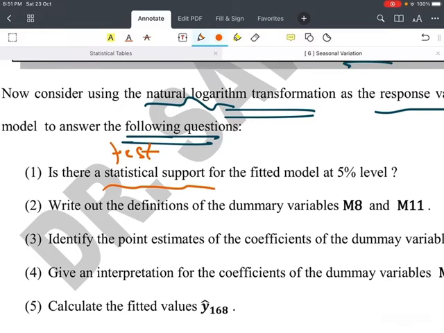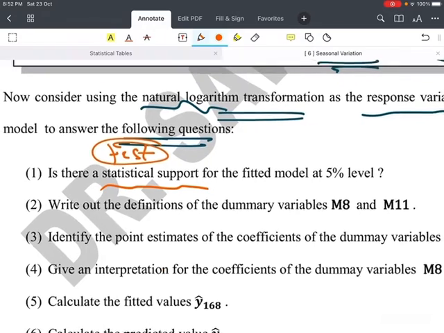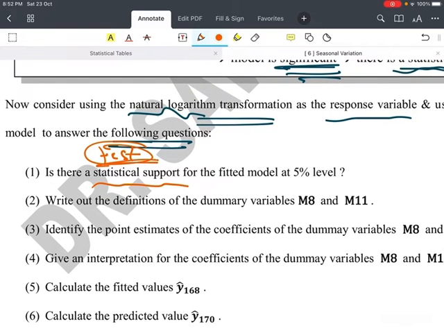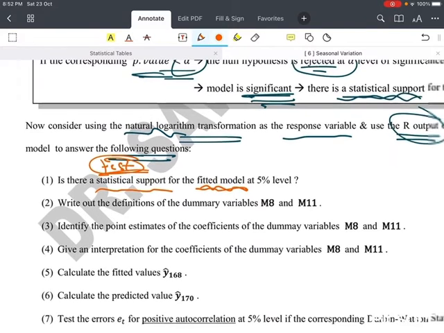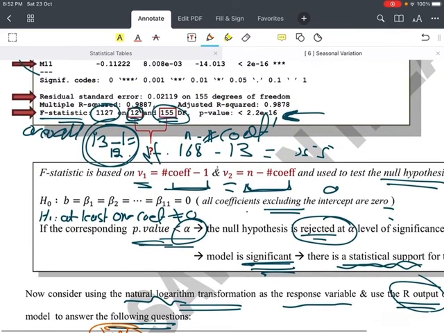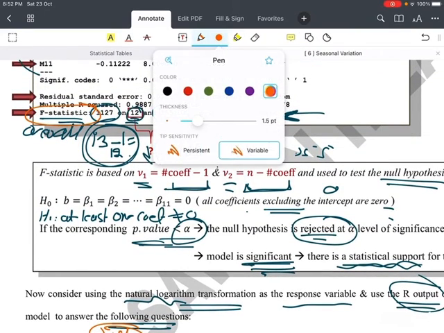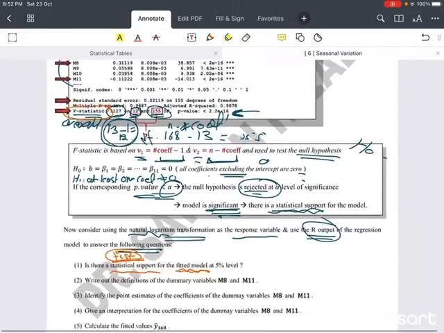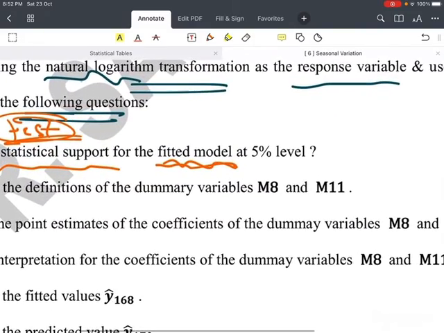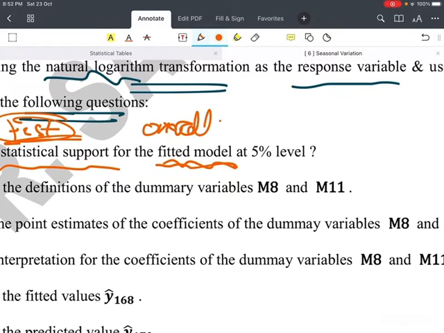I will do some testing for the fitted model, overall.